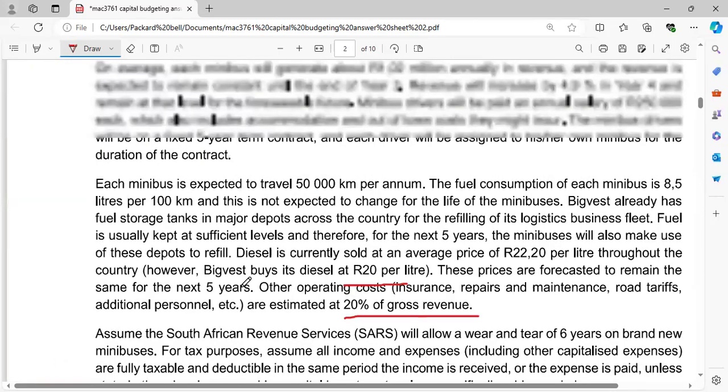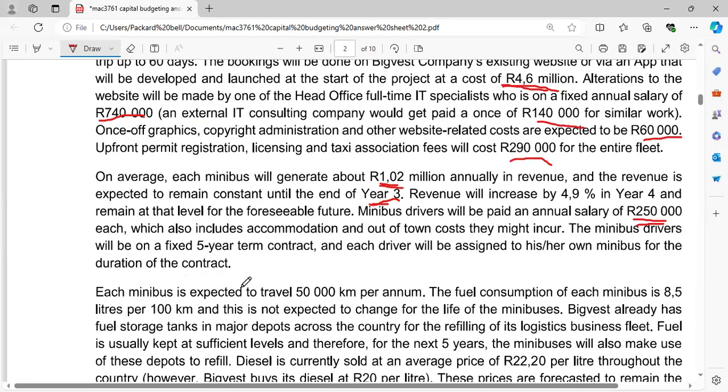After the revenue, we have minibus drivers will be paid an annual salary of 250,000 each, which also includes accommodation and out-of-town costs they might incur.